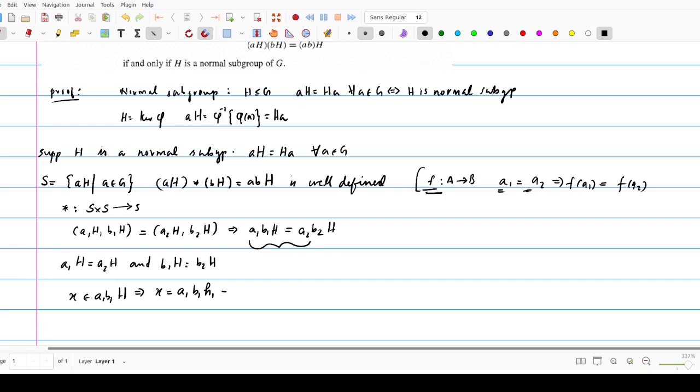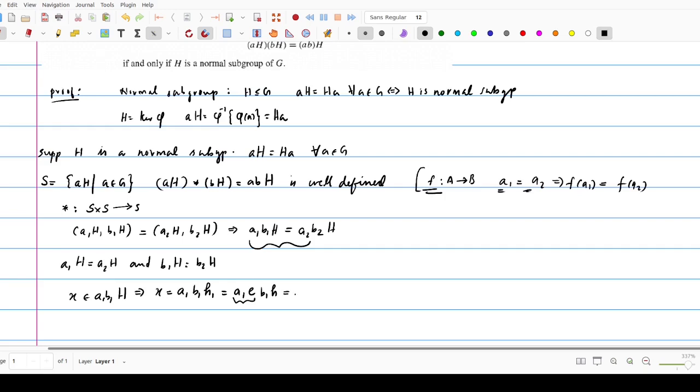So we write this x as a1e, and b1h, where we insert e, the identity element, so that the element remains the same. So if we consider a1e as an element of a1H, since e is an element of H, then a1e is an element of a1H, and our assumption is a1H is the same as a2H.